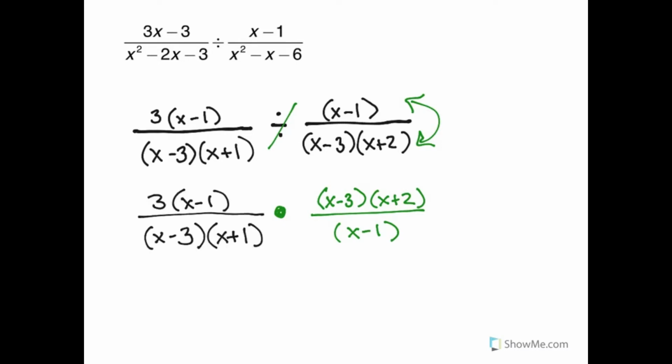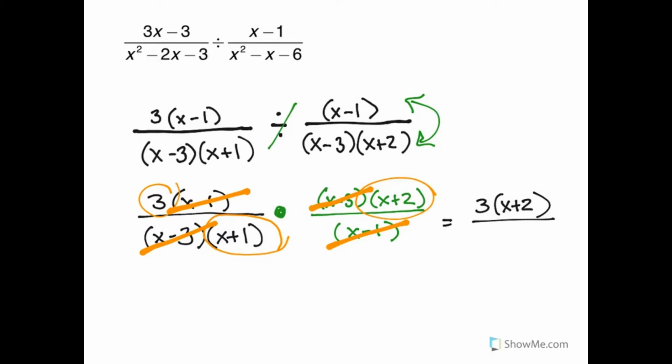And now comes the fun part. We can cancel. So I have an x minus 1 that cancels with an x minus 1, an x minus 3 that cancels with an x minus 3. And I'm left with 3 and x plus 2 on top, and just x plus 1 on the bottom. And there we go.